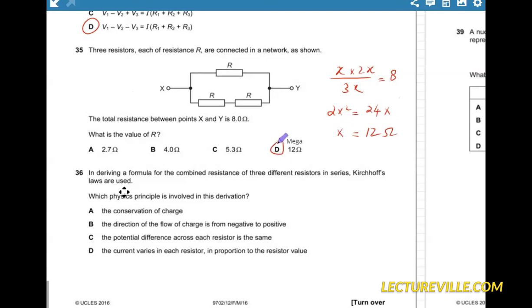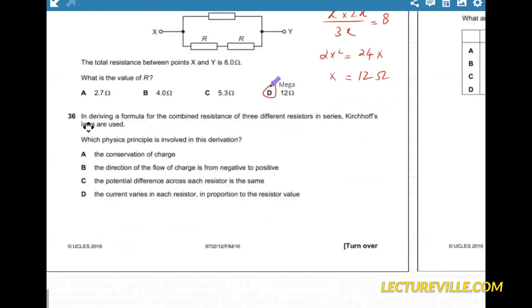Now, in deriving a formula for combined resistance of three different resistors in series, Kirchhoff laws are used. Which physics principle is involved in this derivation? Kirchhoff's second law is actually based on energy, the law of conservation of energy.